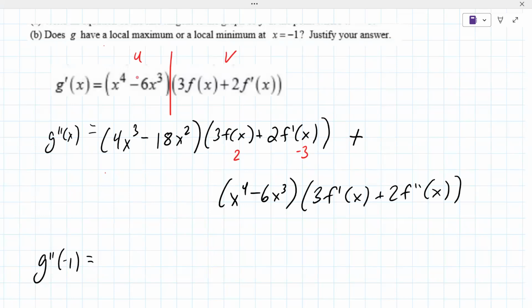And f double prime is given, if I could find it, 5. So you just have to calculate all this with x as -1 and substitute these in.